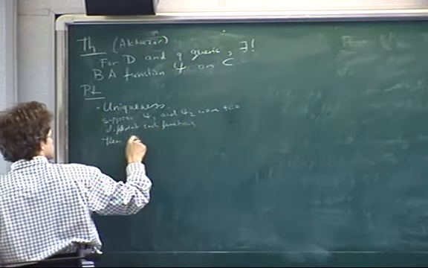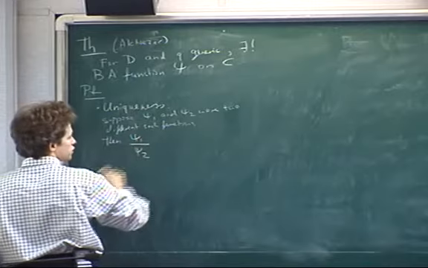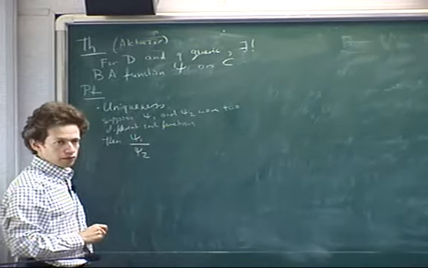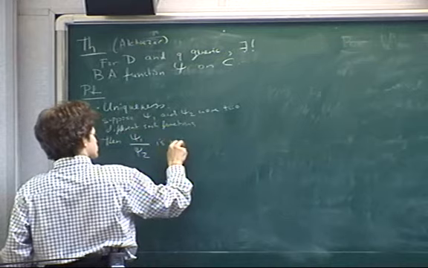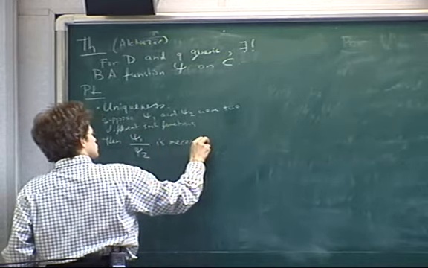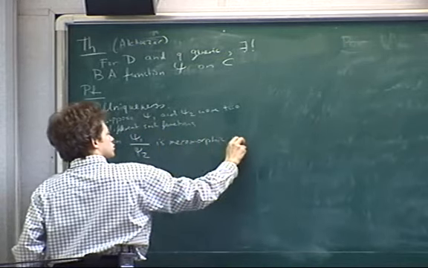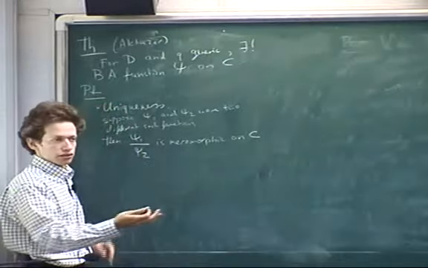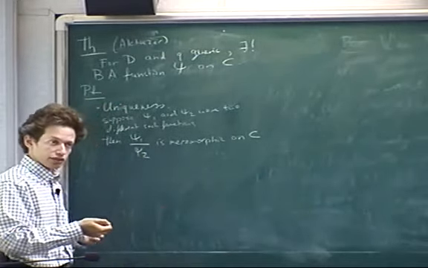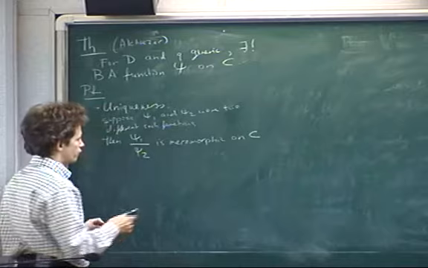Then if you take psi1 and divide it by psi2, this is going to be meromorphic now on C, because the essential singularity is exactly the same. We just cancelled it precisely.